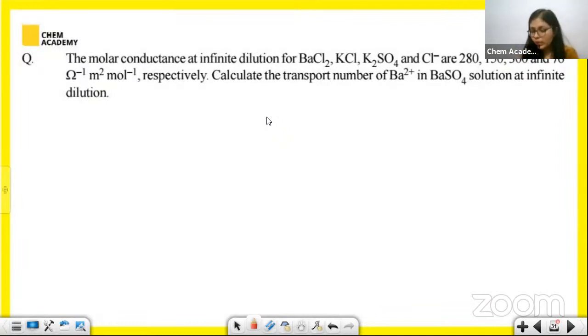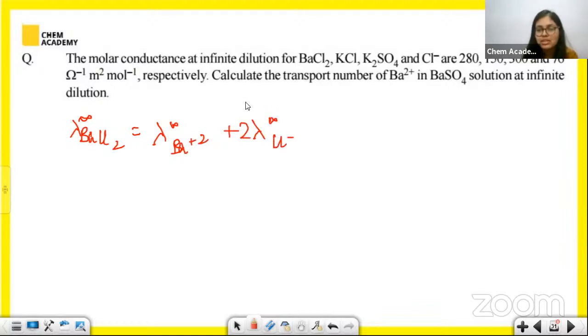So we will begin by writing down the individual equations for molar conductance of each of these. We know that lambda m infinity of BaCl2 is equal to lambda infinity of Ba plus 2 plus twice lambda infinity of Cl minus, since it is BaCl2. It is equal to 280.